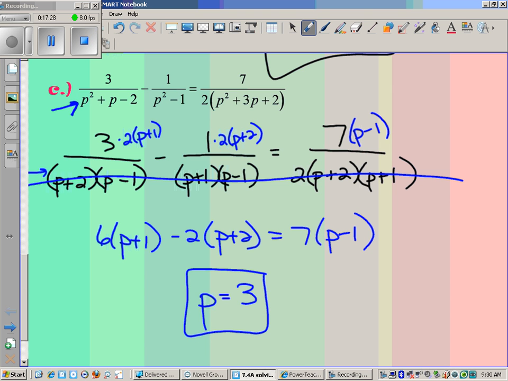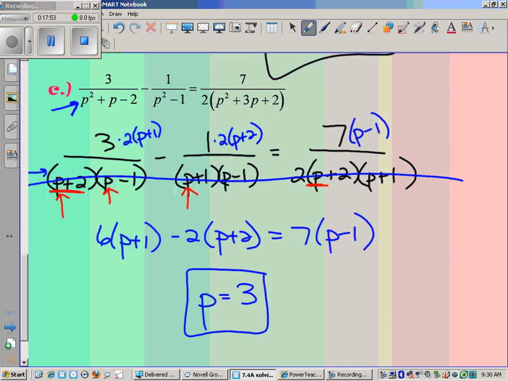Because if I plug in a 3 here, what's 3 plus 2? 5 is not a 0, right? So I'm okay so far. What is 3 minus 1? 2, which is not 0, so I'm good so far. What's 3 plus 1? 4, which is not a 0. What's 3 minus 1? 2, which is not a 0.